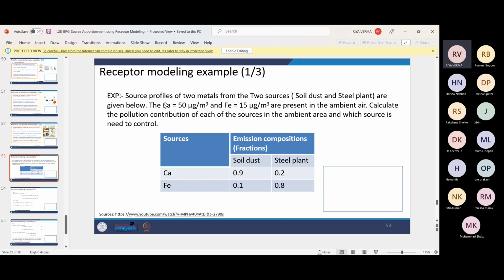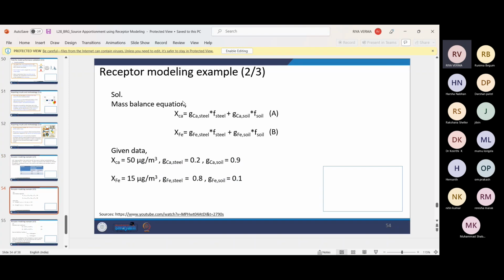We have to calculate the pollution contribution of each of the sources in the ambient area, and also which source needs to be controlled. Okay, fine. So we'll be using your mass balance equation for both the pollutants, for calcium and for iron as well.